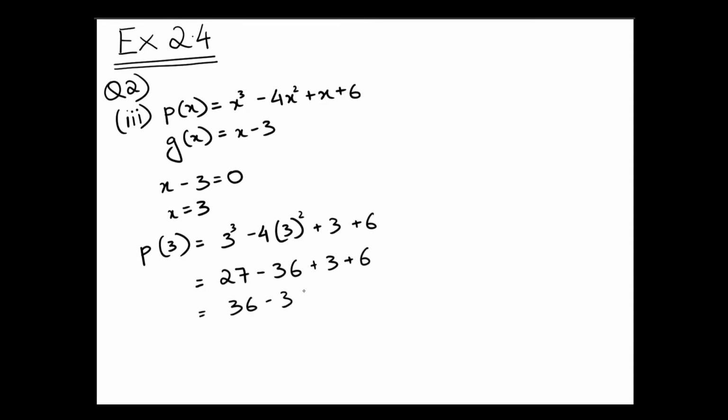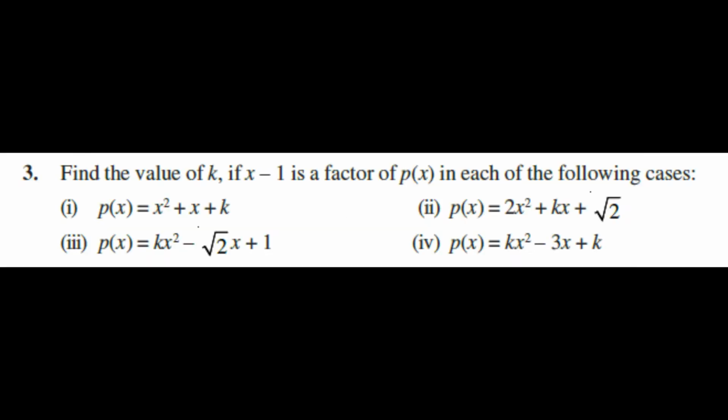This gives us 36 minus 36, which is equal to 0. So in this case, since p of 3 is equal to 0, by factor theorem we can say that g of x is a factor of p of x.